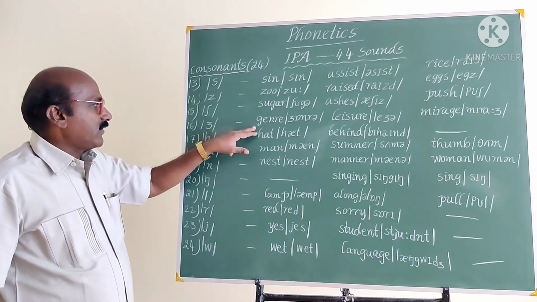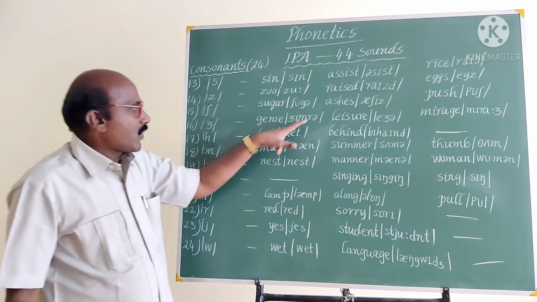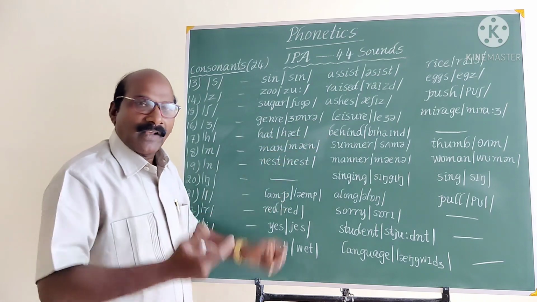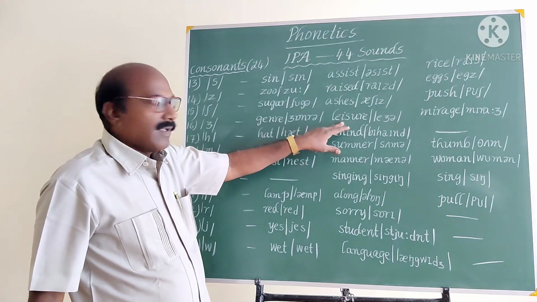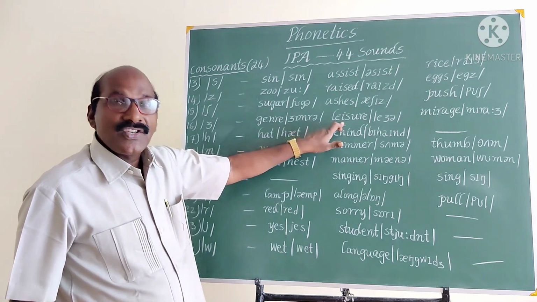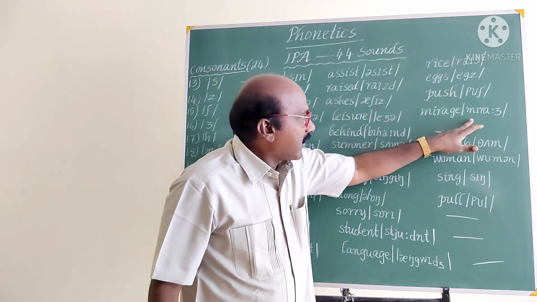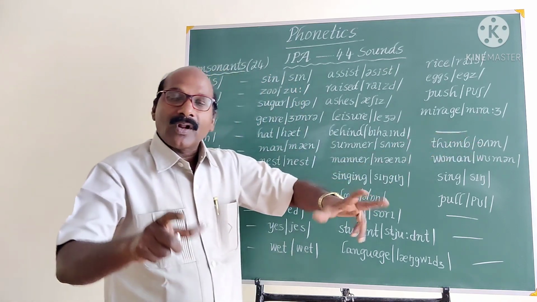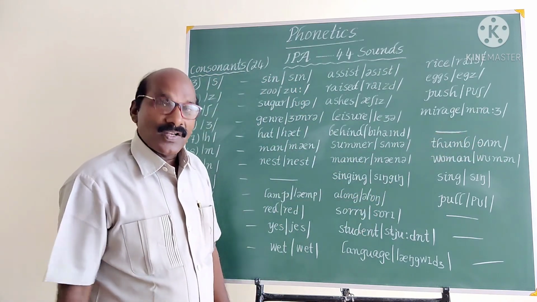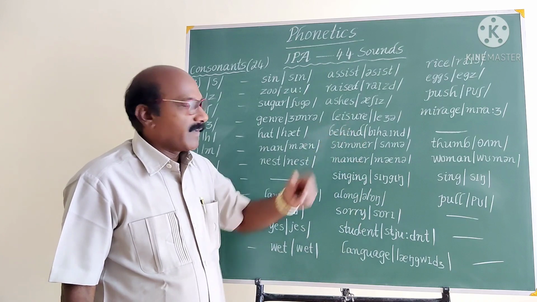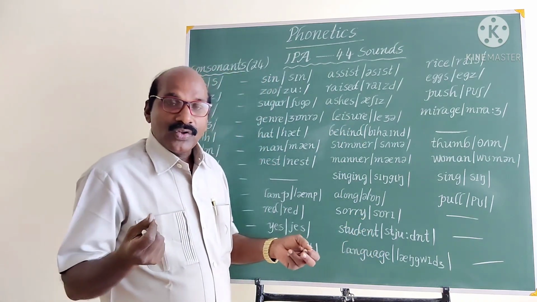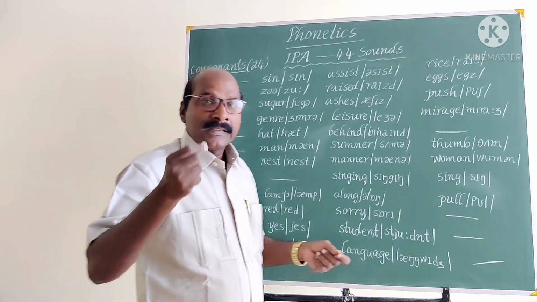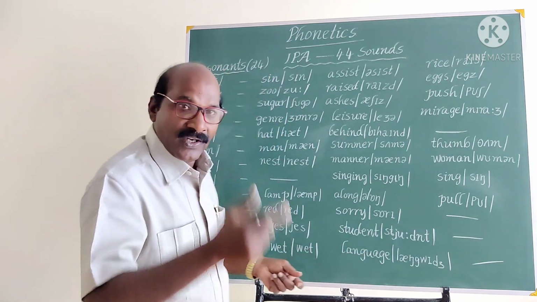This is genre, a kind of style in the language of English. Medially, leisure, and finally, mirage. It's a scientific term. Mirages occur due to the total internal reflection.